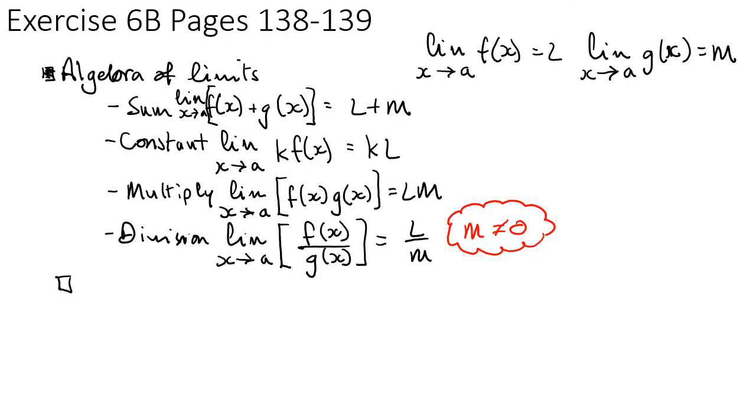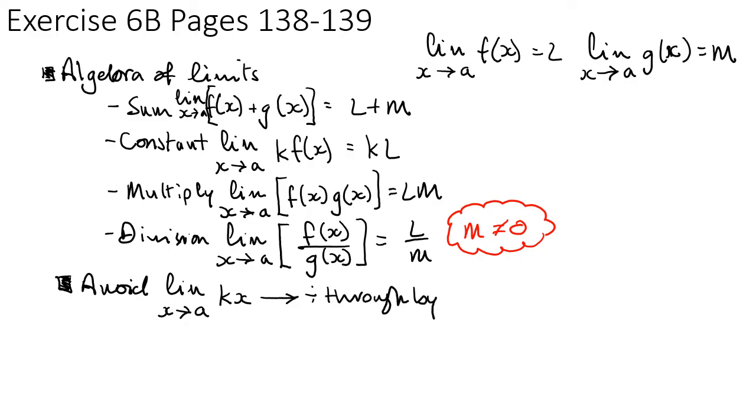We talked about how we want to avoid finding a limit as x tends to a of, let's say, something like this, and the way that we can deal with that is to divide through by x.